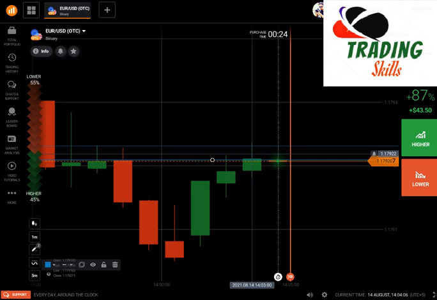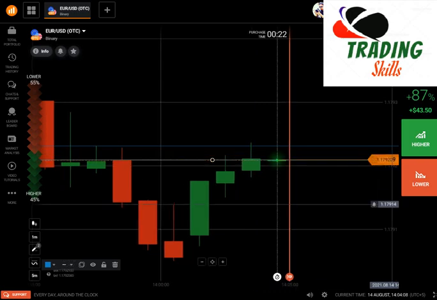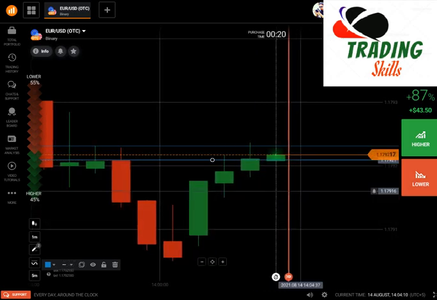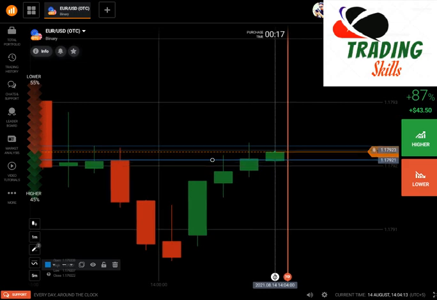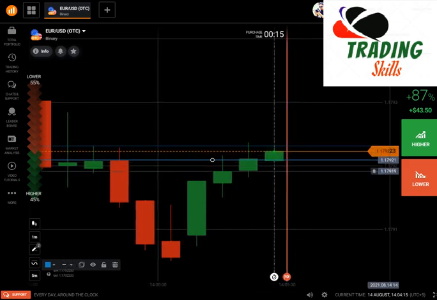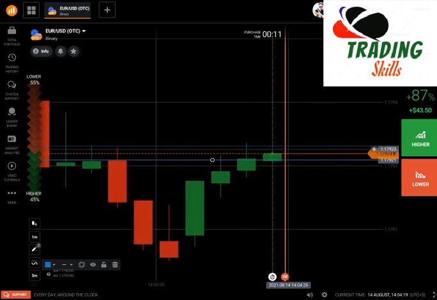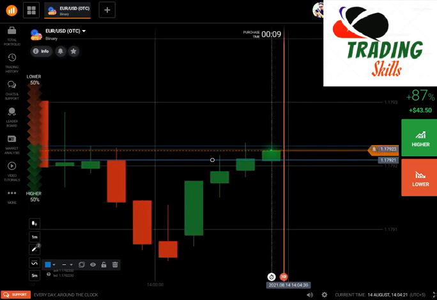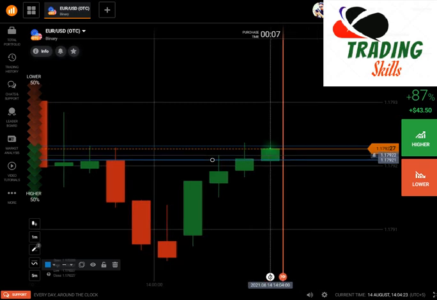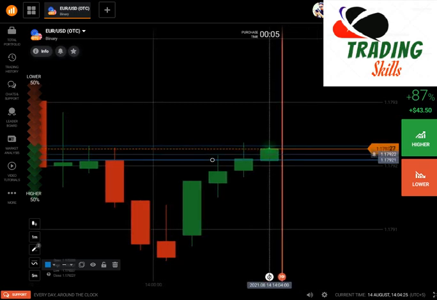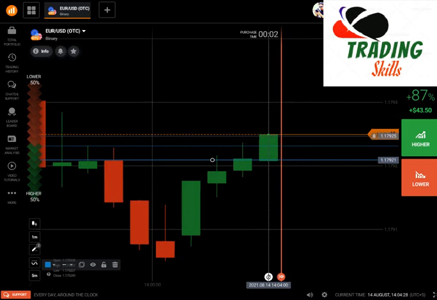If you want to go here with the sellers, you need to wait for a good rejection. Right now we are waiting for the breakouts, so I cannot consider it anything. Now you can see the market is trying to go up and up again.